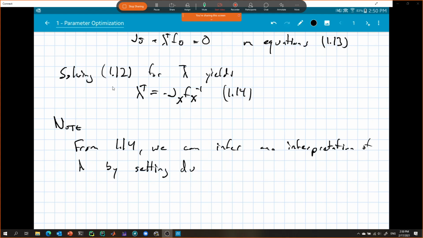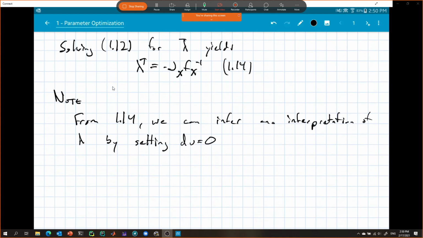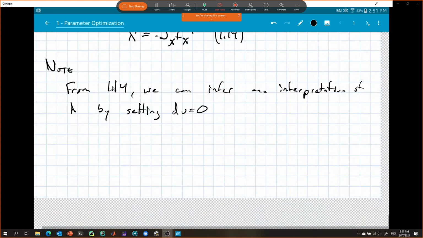These Lagrange multipliers, which, spoiler alert, become co-states in the future, are known for not being intuitive, but they actually do have an interpretation.